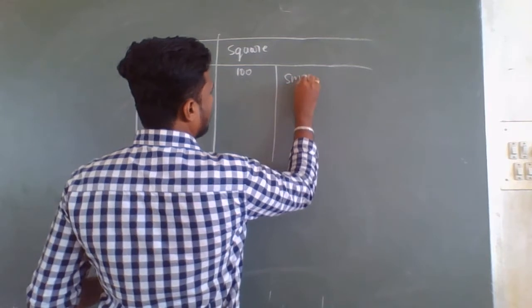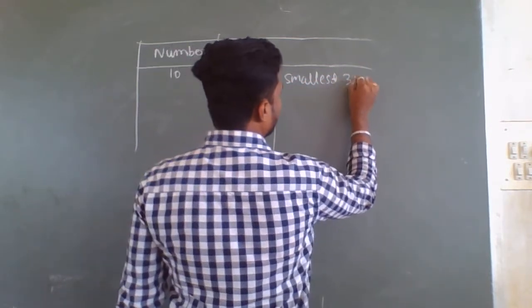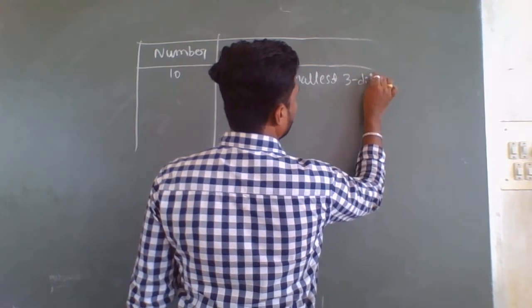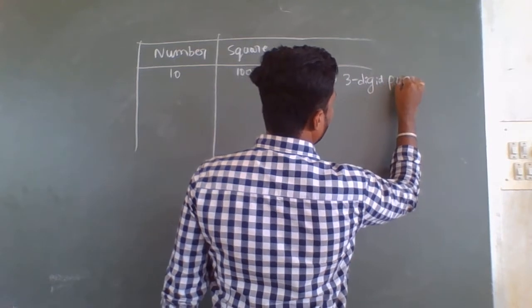So here you can write smallest 3 digit perfect square.